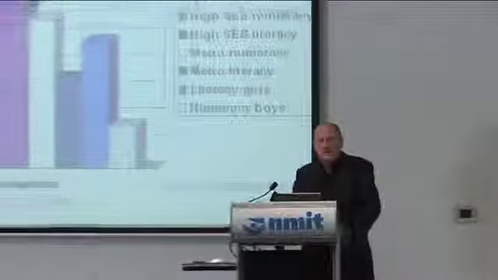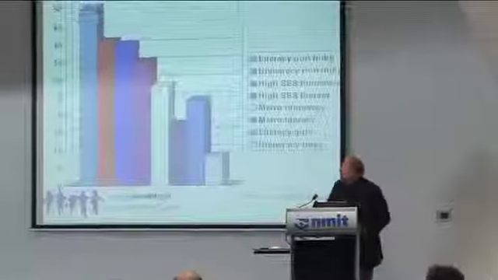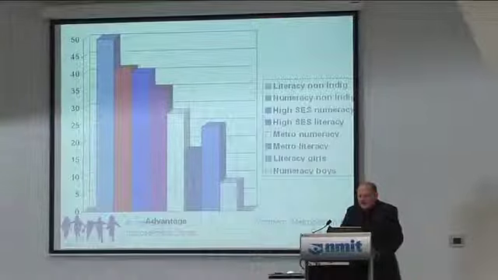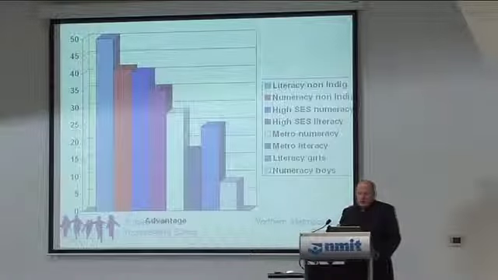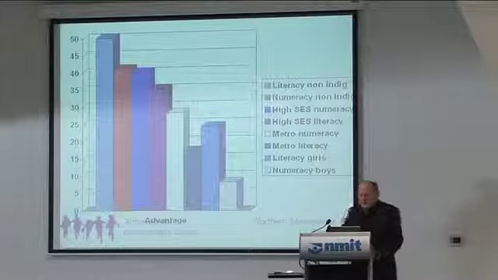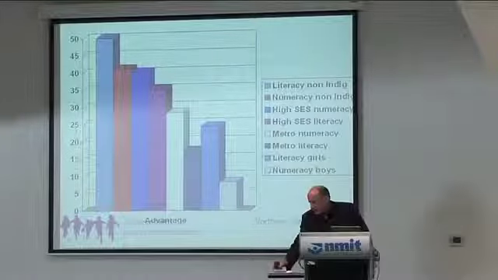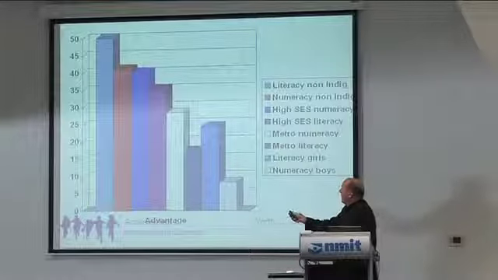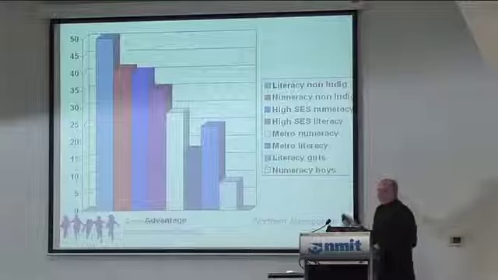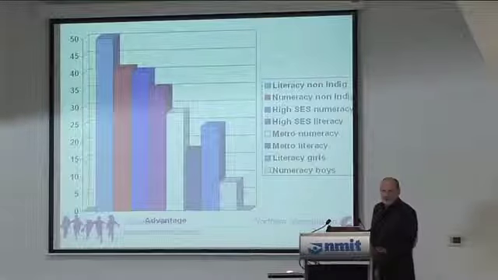This is a graph that I constructed from the PISA data. What I was comparing was the degree of disadvantage. The most advantaged group, if you like, are non-Indigenous people in literacy.